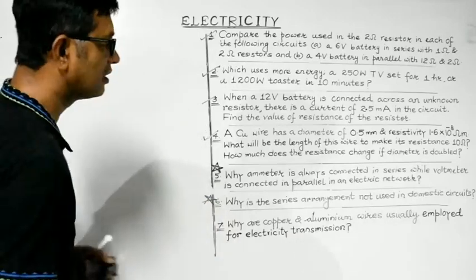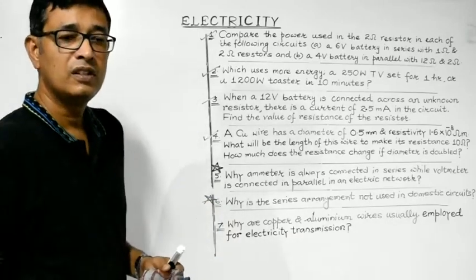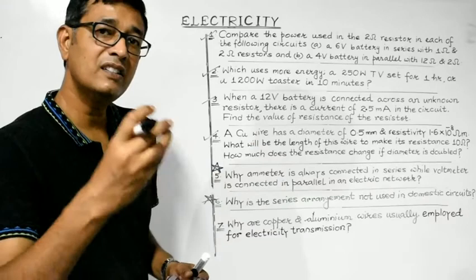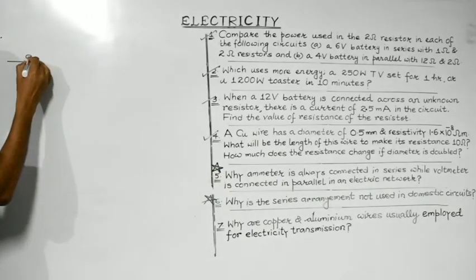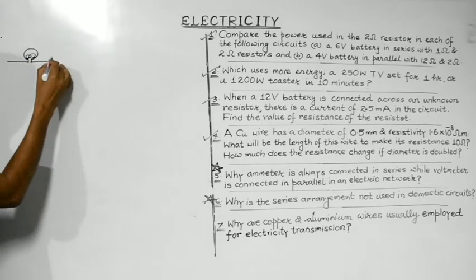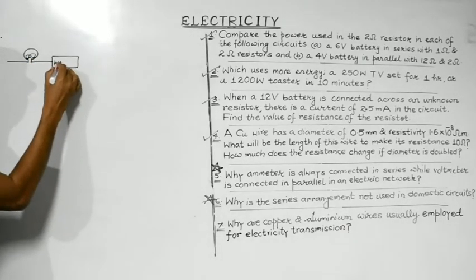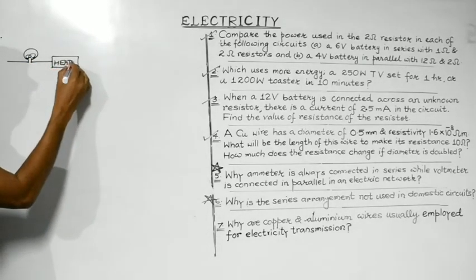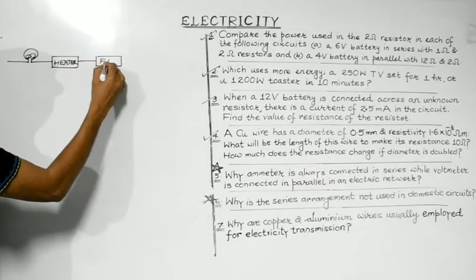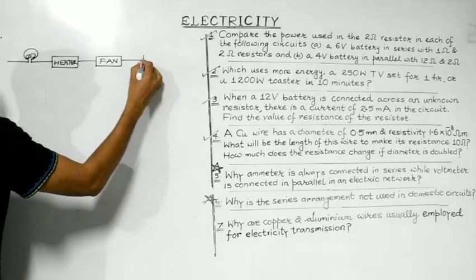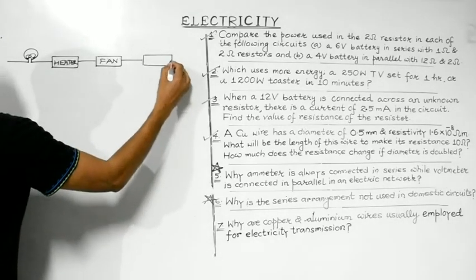Now, let us assume that these devices are connected in series, like this. This is an electric bulb. This is a heater. This is a fan. And this is any other electric device.